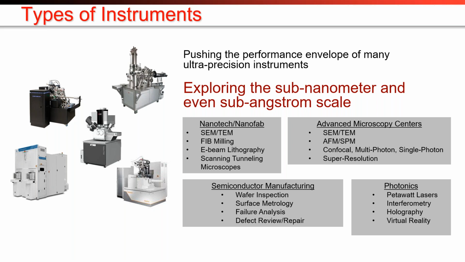We also see a lot of work with electron microscopes, scanning electron microscopes and transmission, but also things like atomic force microscopes, scanning probe, scanning tunneling microscopes, all getting down into that nanometer, sub-nanometer, angstrom, even sub-angstrom kind of resolution range. Nanotechnology facilities and the nanofabs, also electron microscopes and dual beam instruments, right? So ion beam, electron beam combined to do milling, electron beams for lithography.